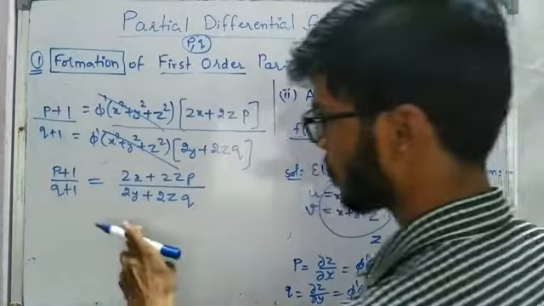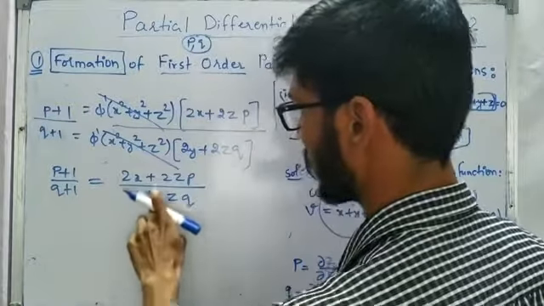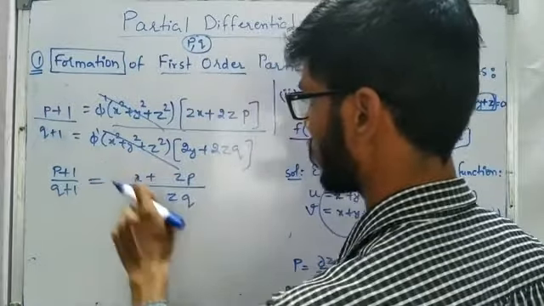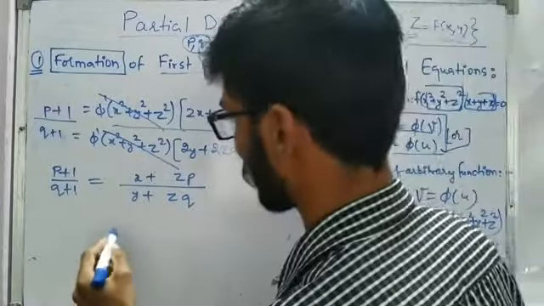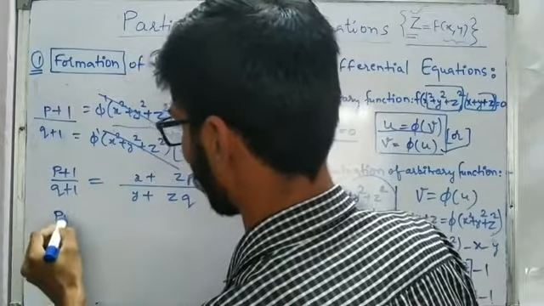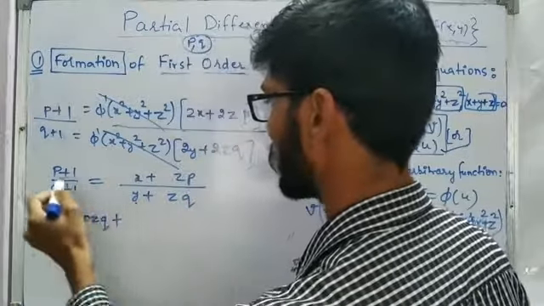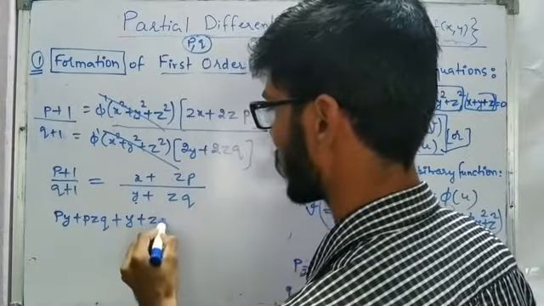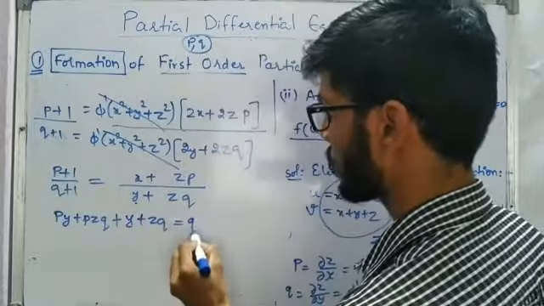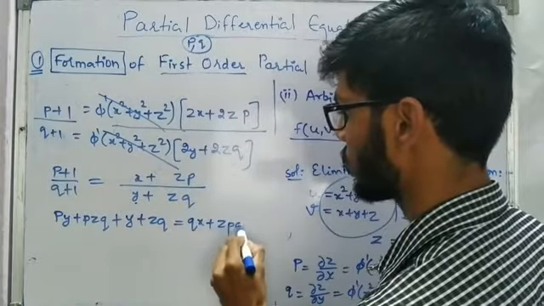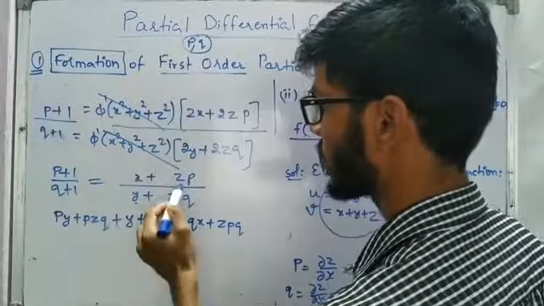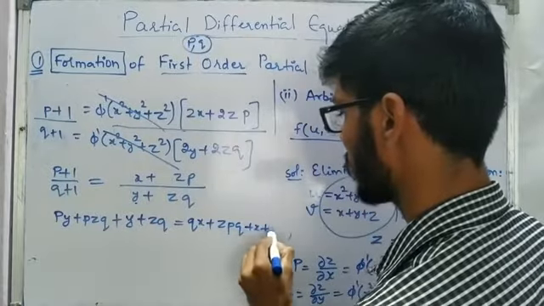First of all let us cancel the 2, because if we take 2 common from numerator and denominator, they will get cancelled. So we have py plus pzq plus y plus zq is equal to qx plus zpq plus x plus zp.